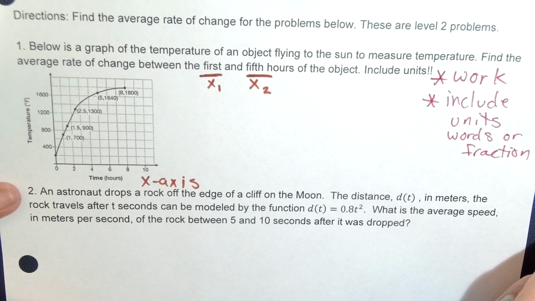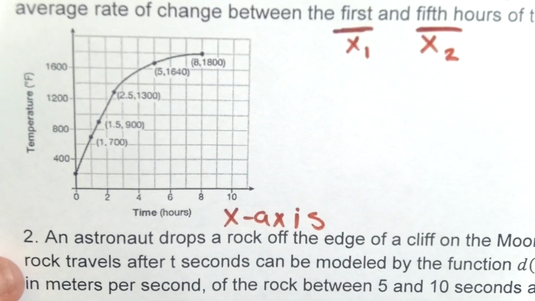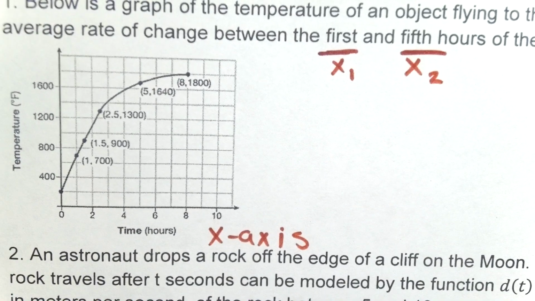Are we sure? Okay. So how do I find my y's? How do I find the y coordinate for it? How do I find the y? Not a trick question. Let's call on green 2.